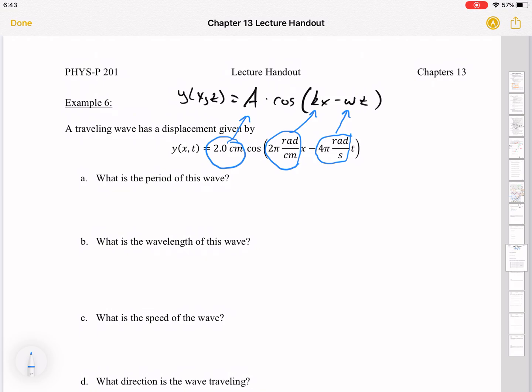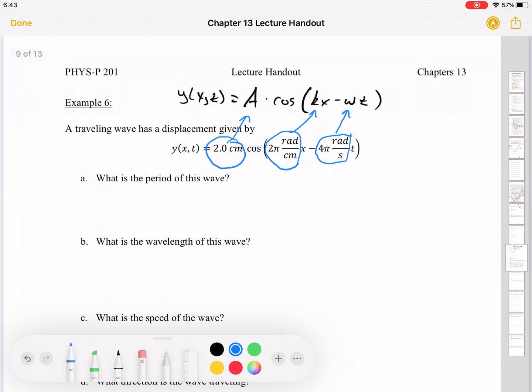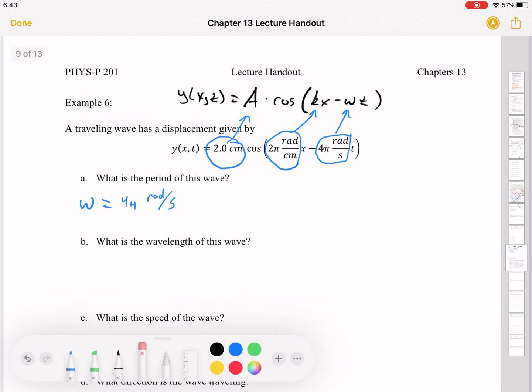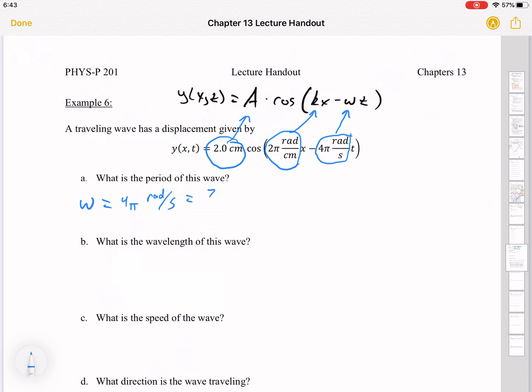Okay, so what's the period of this wave? Well, we just said omega equals 4 pi radians per second. And that equals 2 pi over the period.